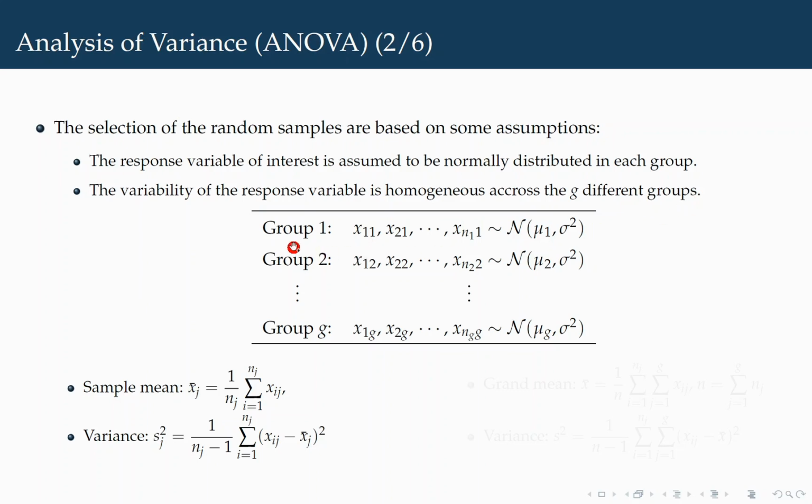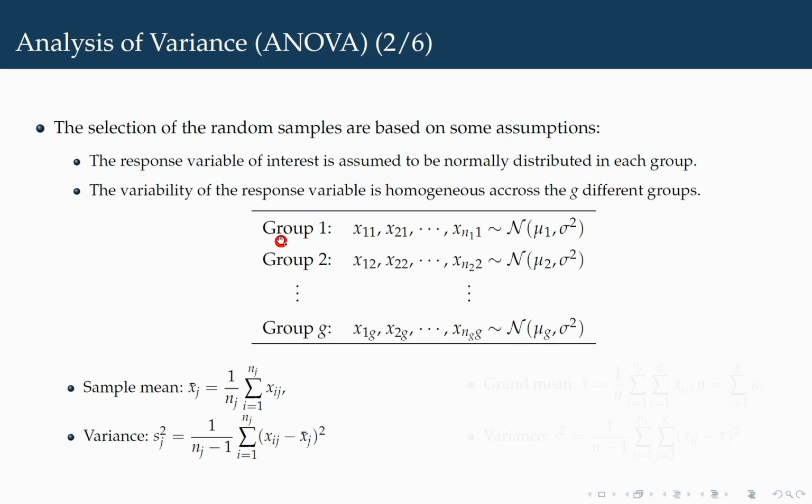So in group 1, the distribution is assumed to be normal, in group 2, normal, in group G, normal. In addition to this normality assumption, we also assume that the variability or the variance of the response variable is homogeneous across the G different groups.